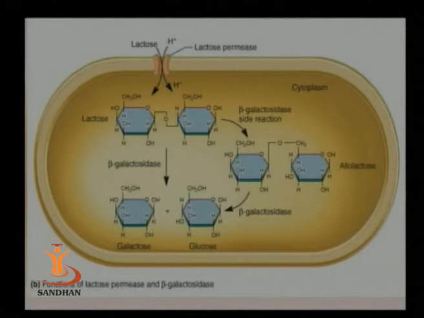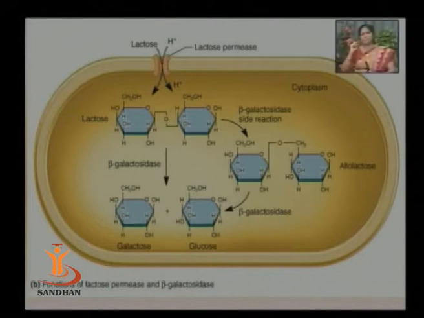But the function of the permease is that it brings the lactose into the cell. After that, the beta-galactosidase proceeds with the conversion of the disaccharide lactose to monosaccharides, and especially important is the allolactose, which is formed from the lactose and will induce the Lac Operon.